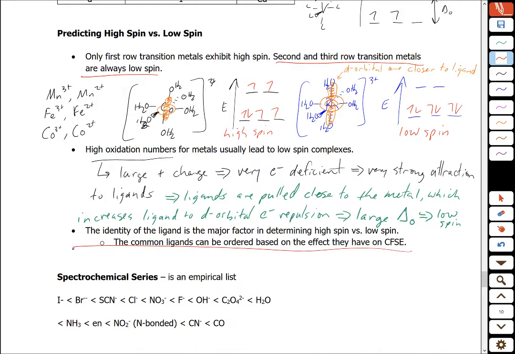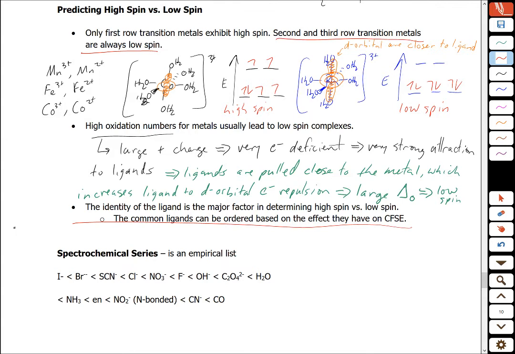It is the ligand that is attached to the metal that has the major factor in what the splitting of the d orbitals is. And so this is one of the rare times when I'm going to give you a list of things, okay? And the list is important.